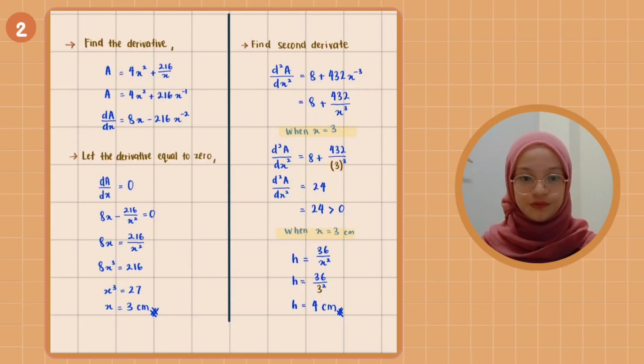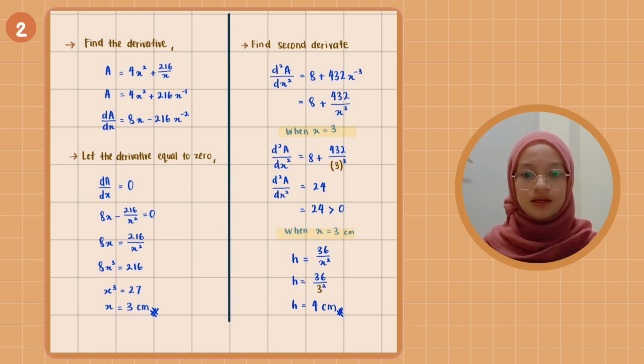Question number 2, we want to find the x and h values. First, to find the x value, we must differentiate the total surface area, which is 4x² + 216/x. So dA/dx is equal to 8x − 216x⁻². Next, we let the derivative dA/dx equal to 0.